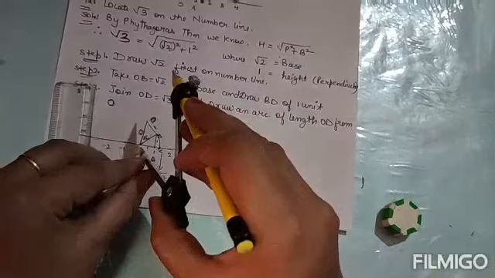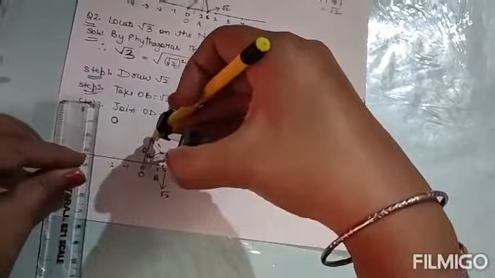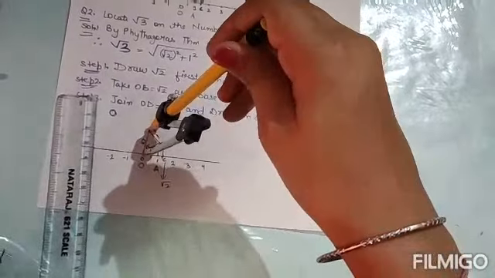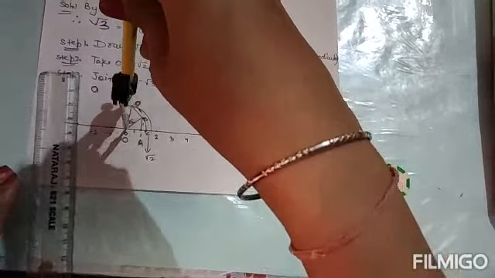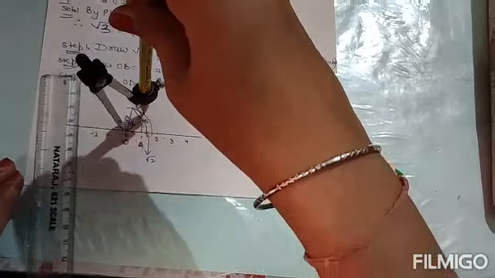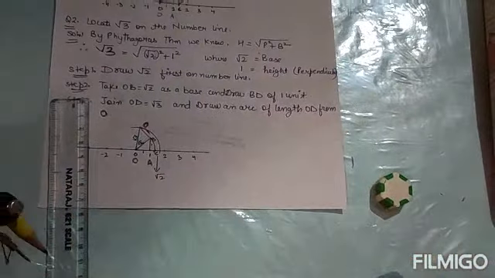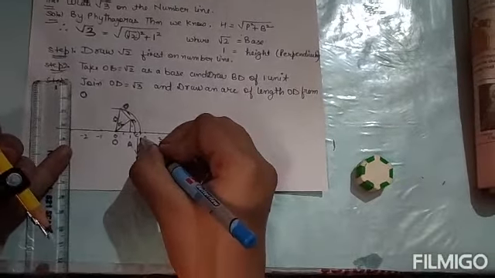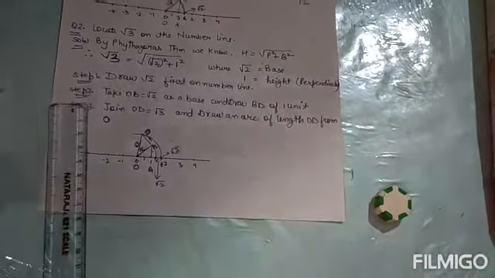Now draw an arc from O of length OD, that is root 3. Look this, and make an arc which cuts our number line at this point. It should cut our number line, and name this point E, which represents root 3.